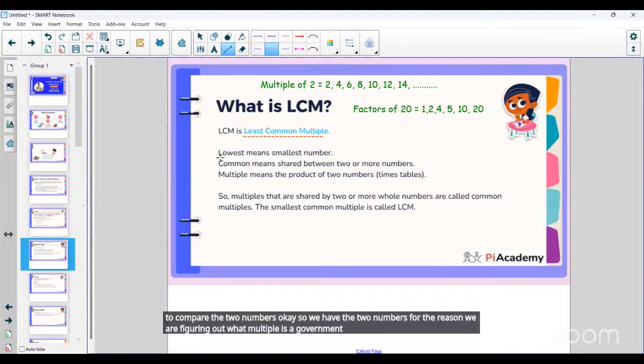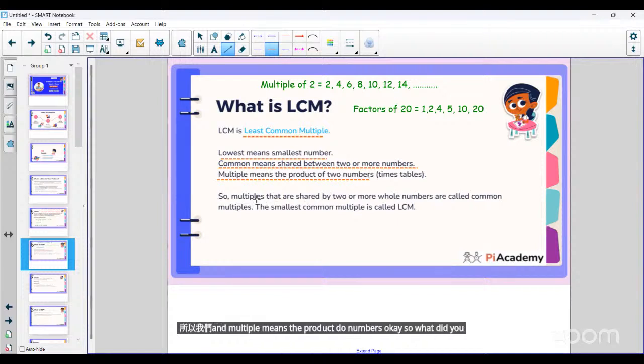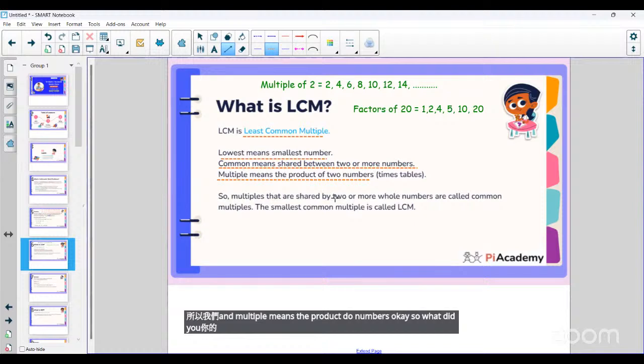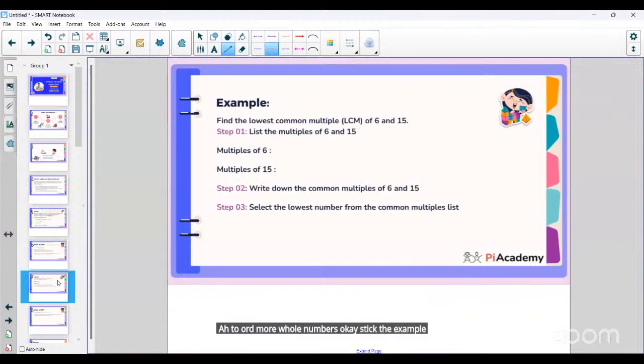Lowest means smallest number, common means number shared between two or more numbers, and multiple means the product of two numbers. So what is LCM? These are multiples that are shared by two or more whole numbers. Let's directly see the example to understand better.